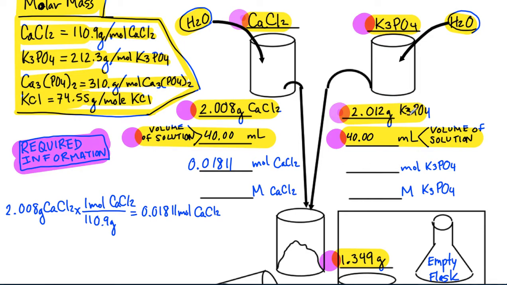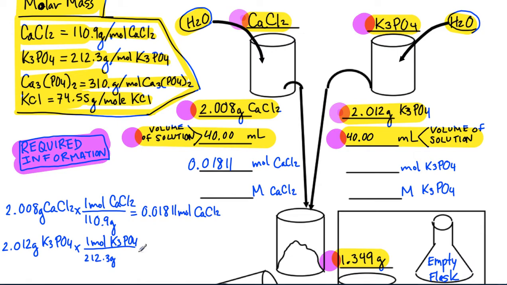I'm going to find the moles of my potassium phosphate. So if I have 2.012 grams of potassium phosphate, I can multiply that by 1 mole of potassium phosphate for every, and I go up here, 212.3 grams.